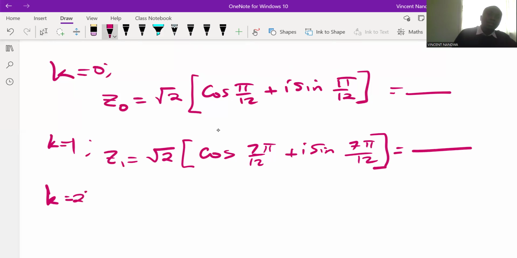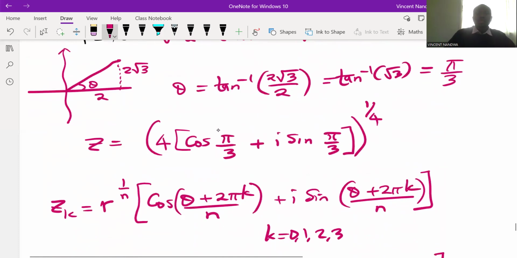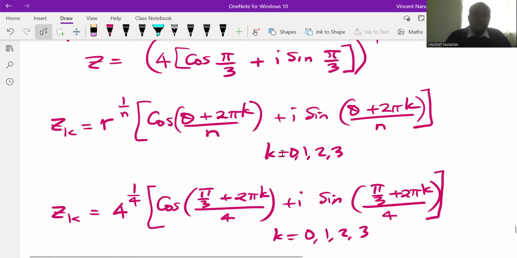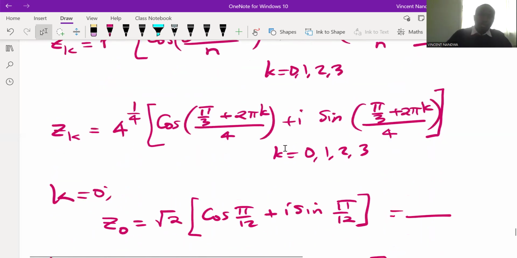Then k is 2, z2 will be root 2. So replace k by 2. So we'll have a third plus 2 times 2 is 4 divided by 4.